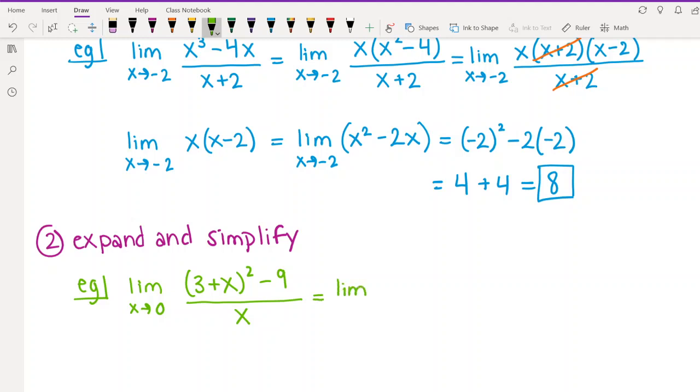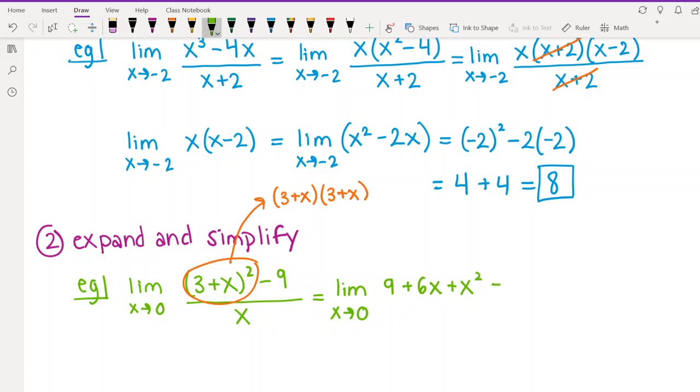So if we multiply out 3 plus x squared, remember that when you're multiplying something like this, 3 plus x squared means 3 plus x times 3 plus x, right? So you have to actually multiply it out. You can't just say 9 plus x squared. That would be wrong. So 3 plus x times 3 plus x is going to give us 9 plus 6x plus x squared.